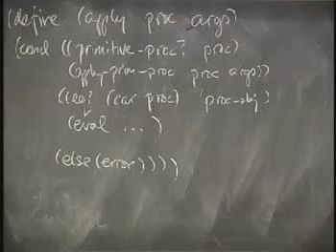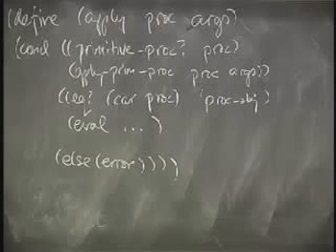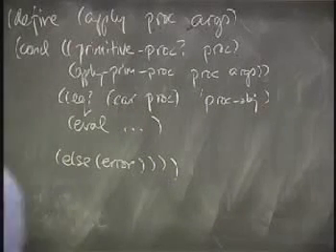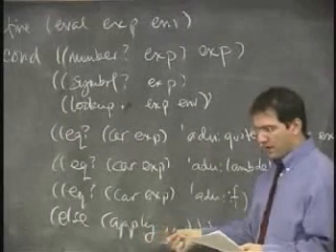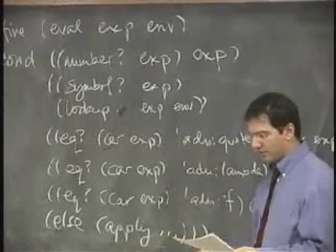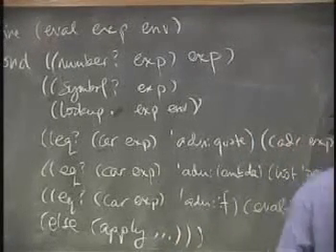Now, what about the second part, where list of values is written in here? It's apply, eval of car of expression and environment, to list of values, which I should write out because it's important.